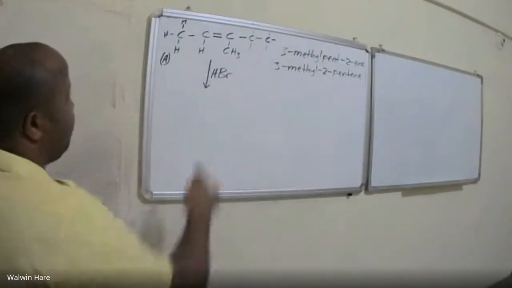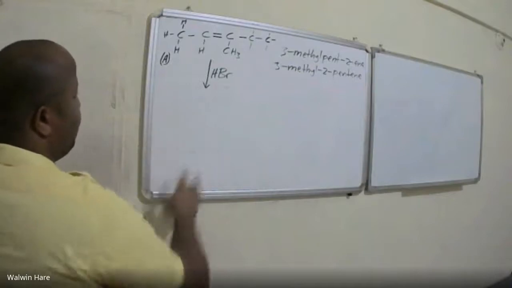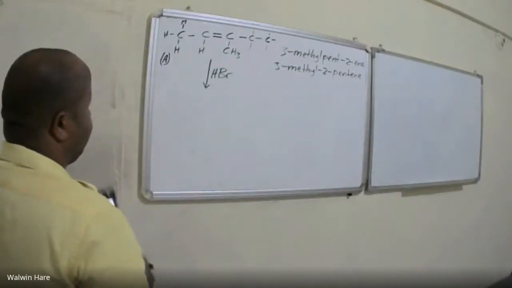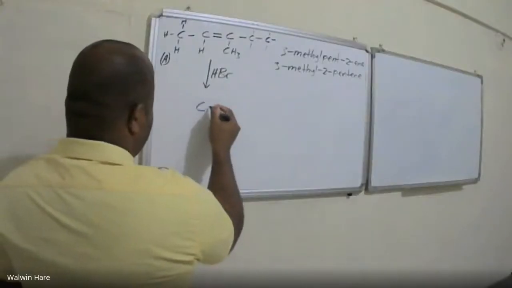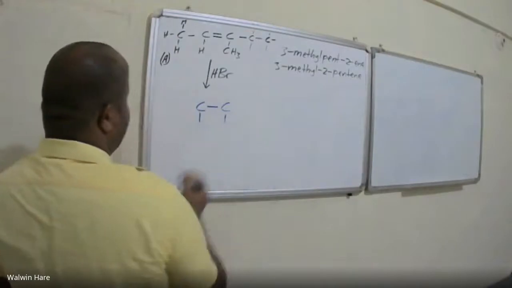So if we react compound A with HBr, what should we get? Haloalkane. Right. Alright.